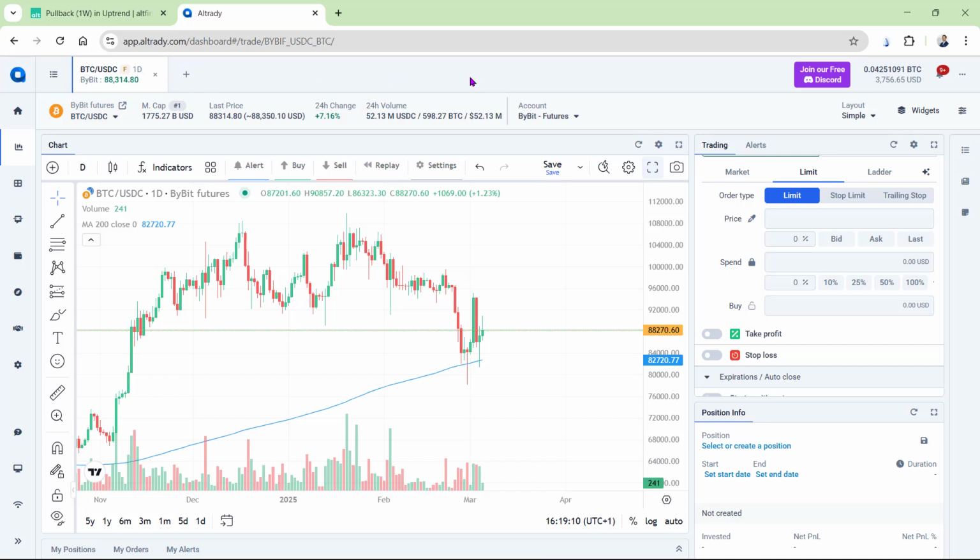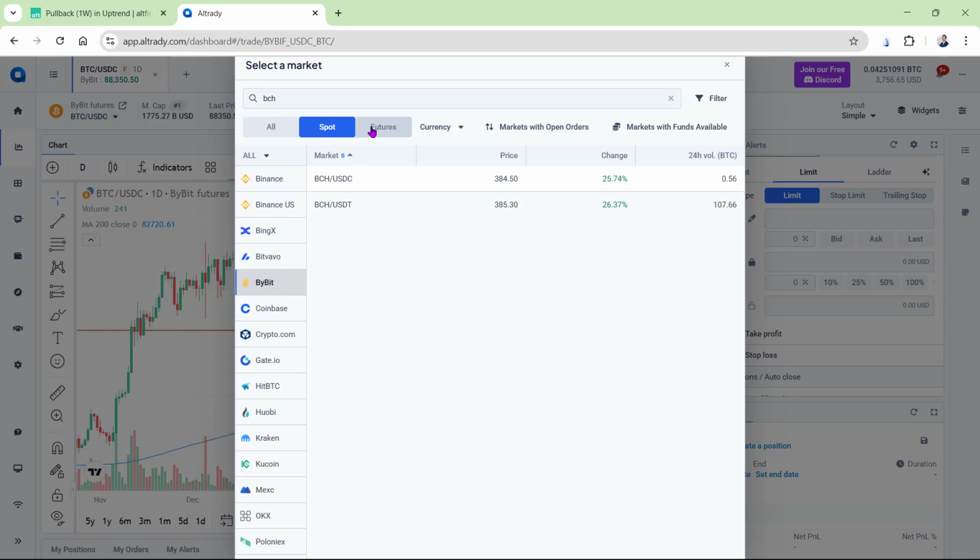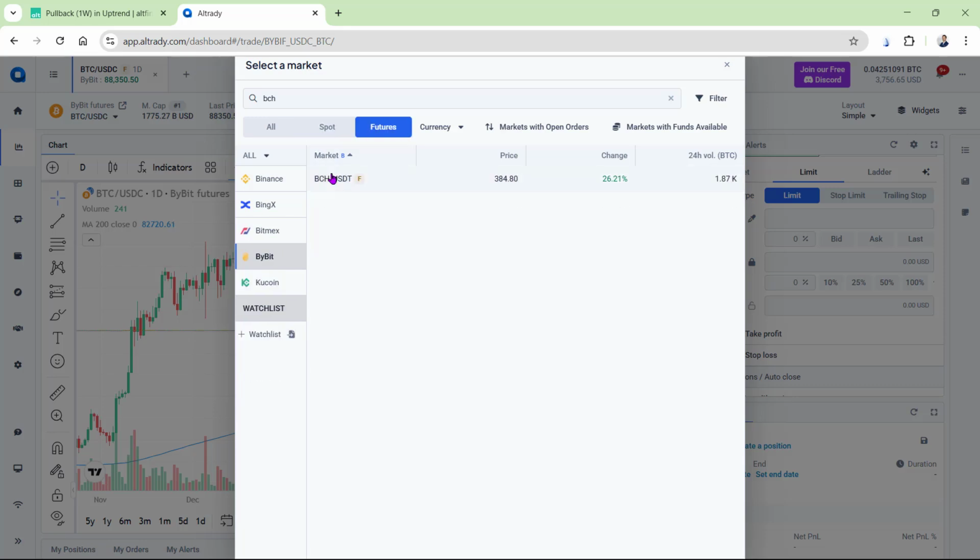Now, once you connect to some of the exchanges that they support, I've connected to Bybit, then you'll be able to trade directly from their trading terminal. And let's go ahead and find what we want to trade, BCH under Bybit, right? And under futures. You could also trade spot, but if I want to short, it'll be easier with the futures.